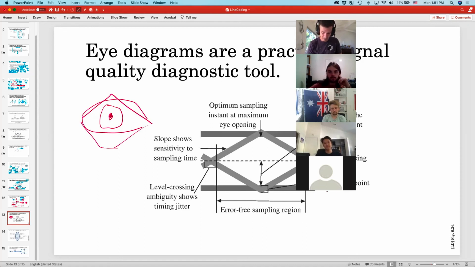So we're talking about how far this is apart gives you your noise immunity. So for a fixed noise power, we would like this to be further and further away from the zero crossing.